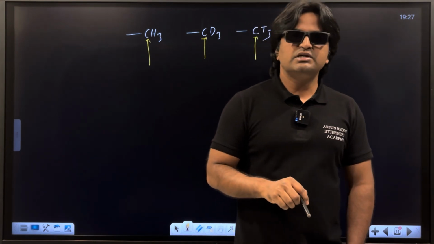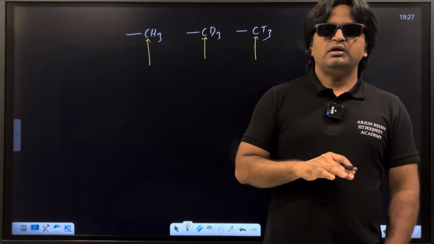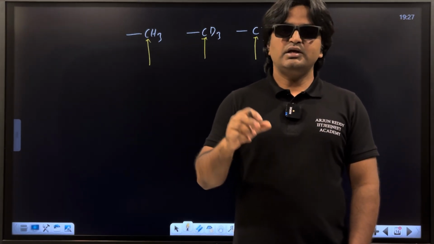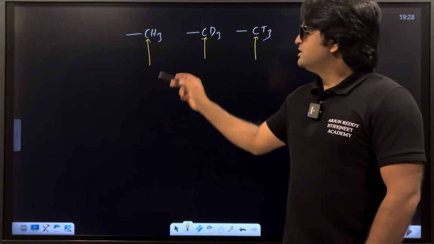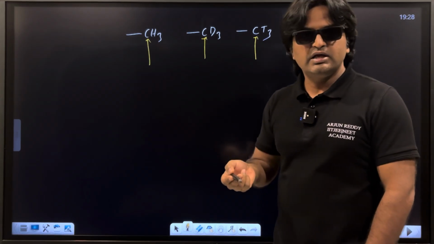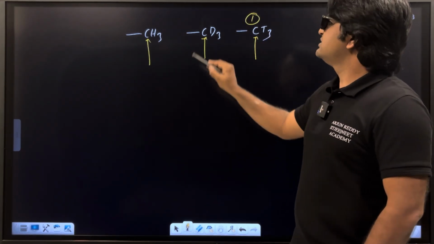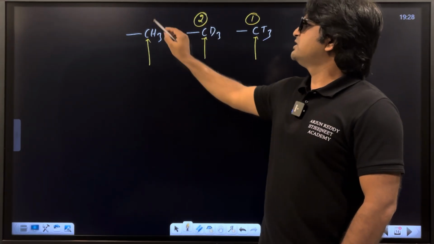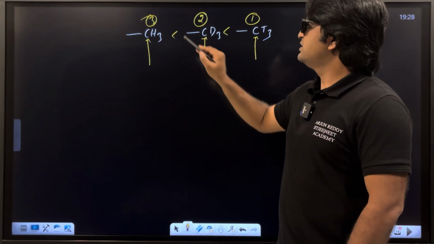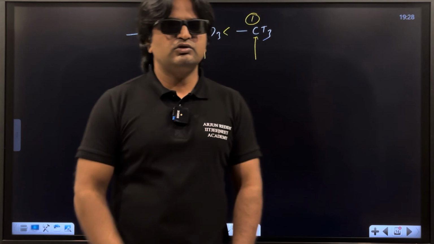So the atomic number is exactly the same, and on the basis of atomic number we are unable to provide priorities. In that case, we look towards the mass number. Which one has the higher mass number? CT3. So first priority is given to CT3, second priority to CD3 and third priority to CH3. That is the situation in case of isotopes. Clear?